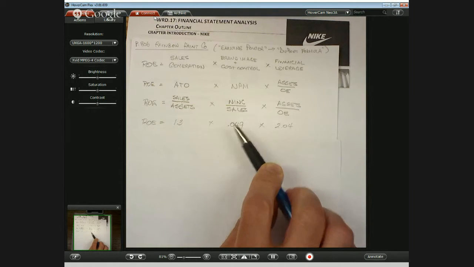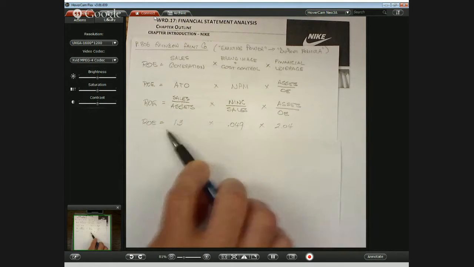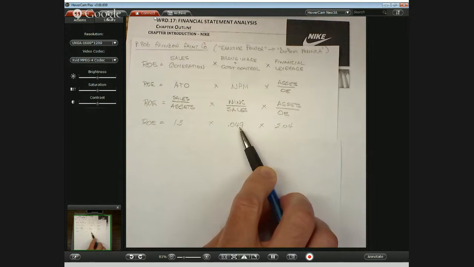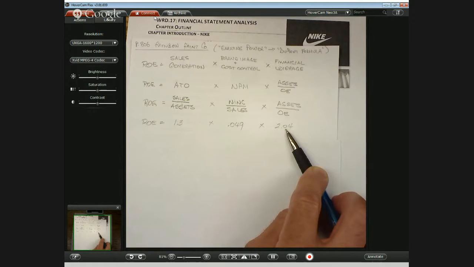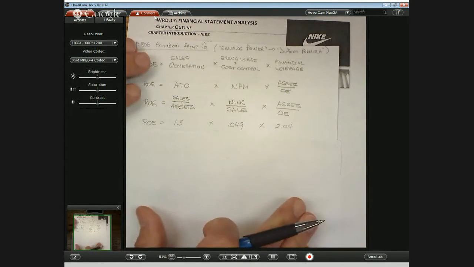So this tells you how profitable the sales dollars are. Now, how many dollars of assets can each dollar of owners' equity support? $2.04, which means that for every dollar that the owners contribute to the business by buying stock, they have $2.04 of assets working to get them profit, which is a good thing for the owners.